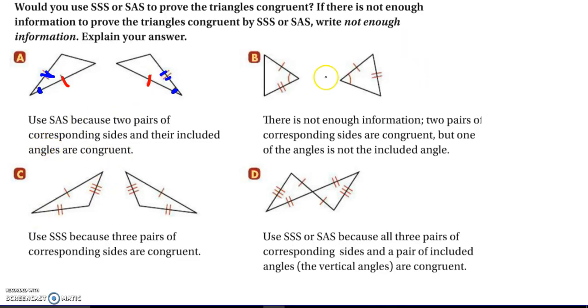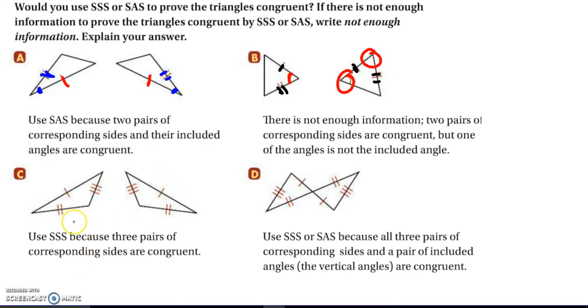Okay, over here, you're given sides that were congruent to each other. In this triangle, you were given the included angle, but in this one, you weren't. This is the included angle here, and they told you this one over here was congruent. Therefore, there is not enough information to prove that these triangles are congruent.